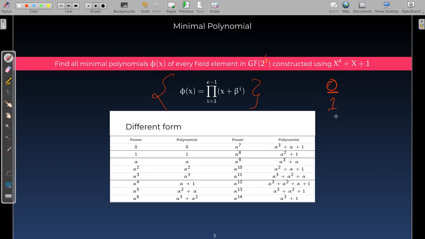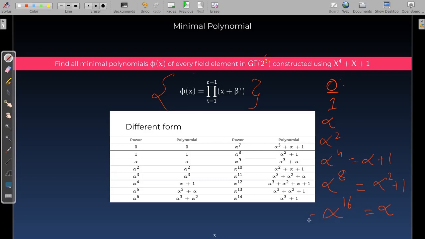Then for alpha, we have alpha, and alpha square is alpha square only. Alpha to the power 4 is written as alpha plus 1. Alpha to the power 8 is alpha square plus 1, and then alpha 16 is equal to alpha only, because alpha to the power 15 is 1, so alpha to the power 16 is alpha.